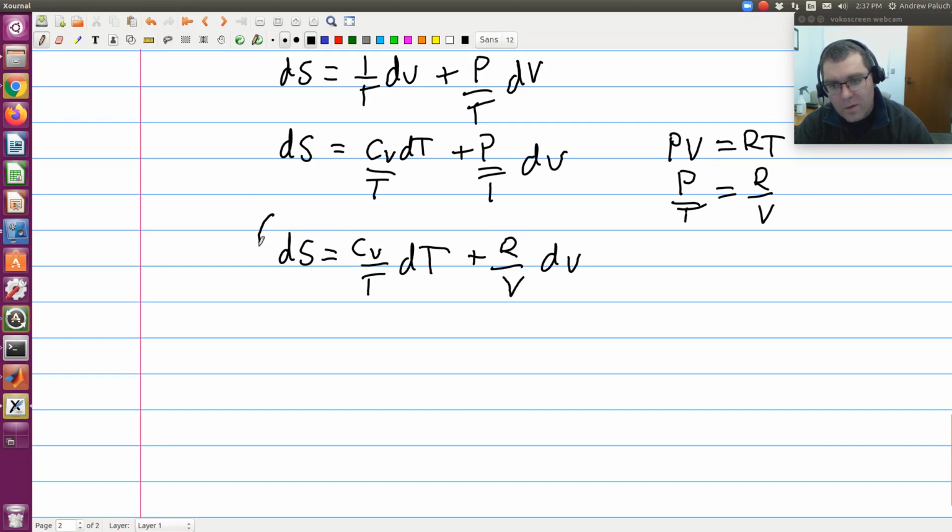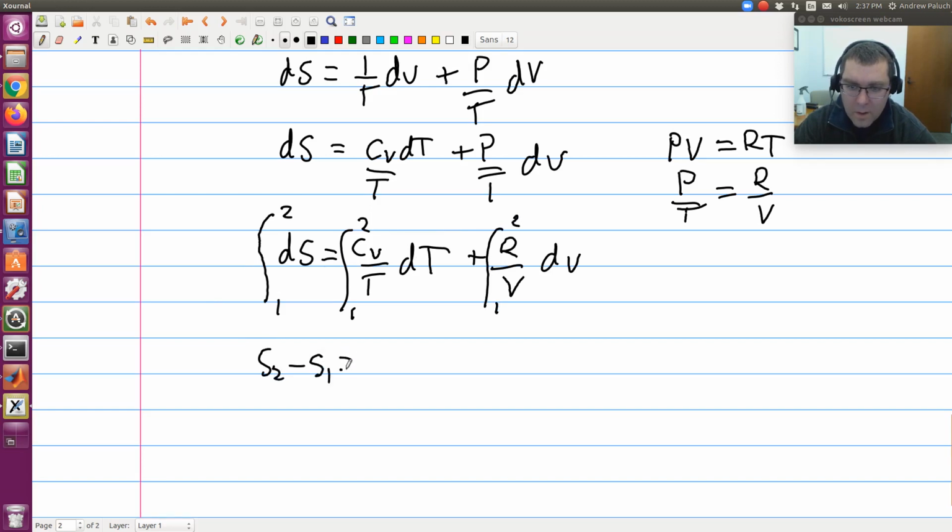All right, so next we'll integrate from my initial to my final state, my inlet to my exit. And in doing so, on the left-hand side, this becomes S2 minus S1. So I look at the terms in the problem statement, and we're given a value of Cp.